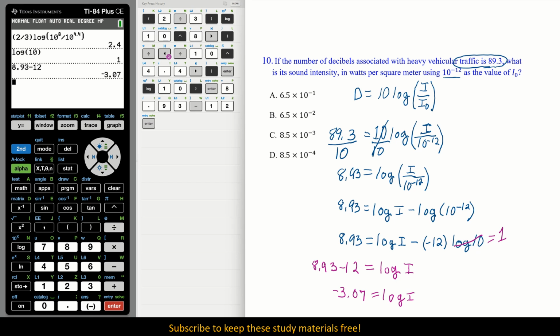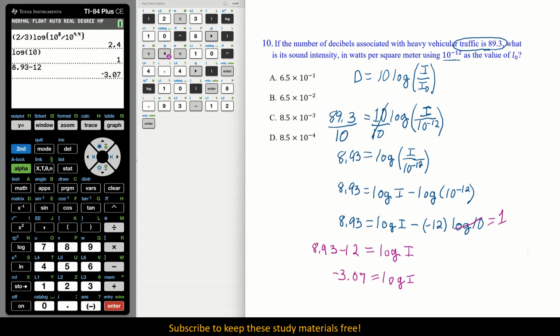Now, how do we get rid of this? Well, let's think about this. That log has an understood base of 10. So negative 3.07 is actually going to become the exponent when we remove the log. Remember the equivalent form?